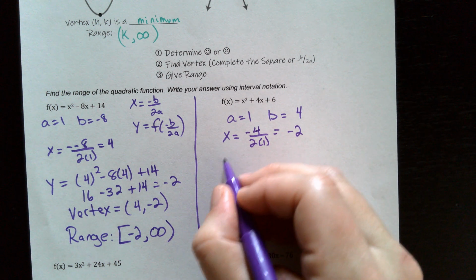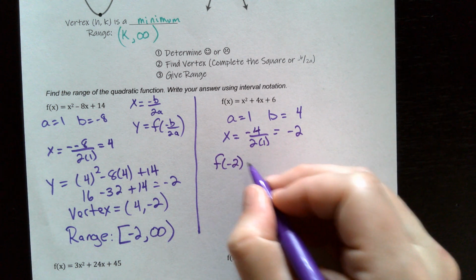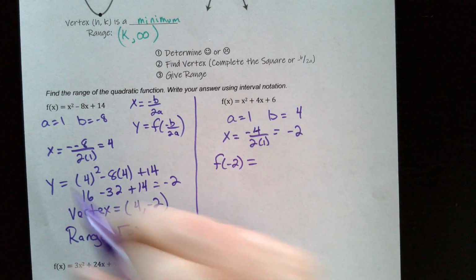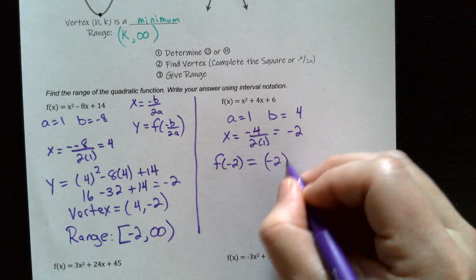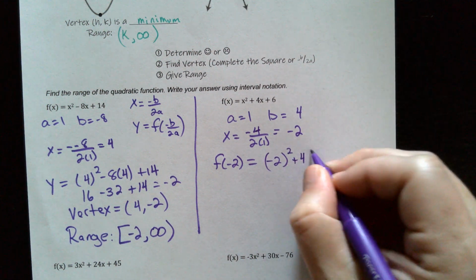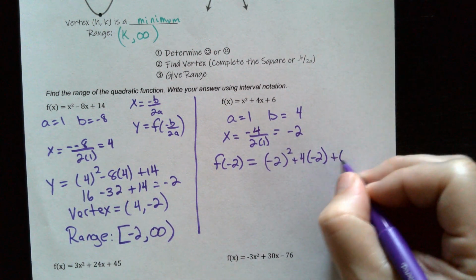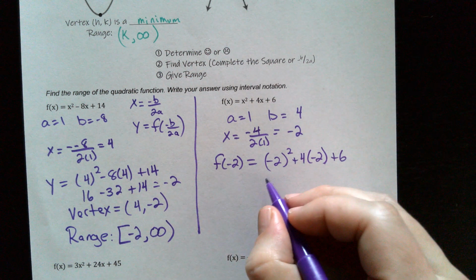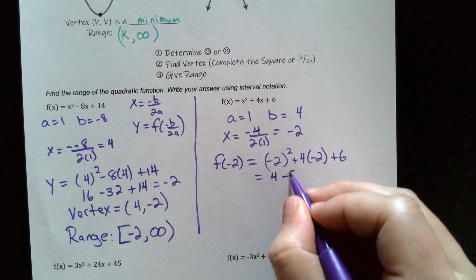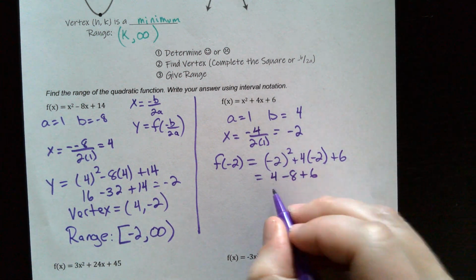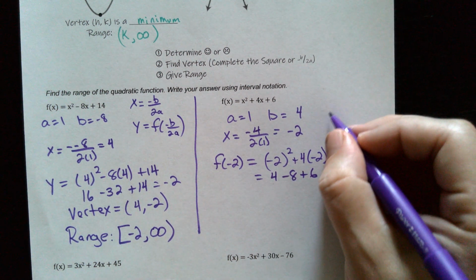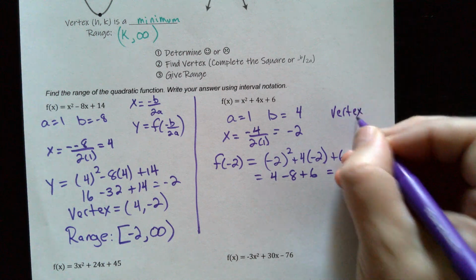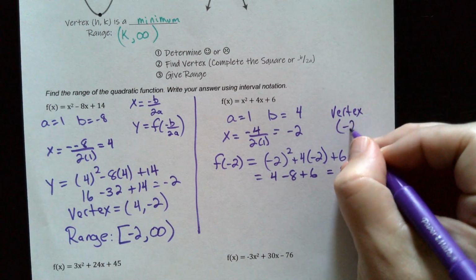And then f of negative 2, which is the same thing as y: negative 2 squared plus 4 times negative 2 plus 6. So that is 4 minus 8 plus 6, which is equal to 2. So our vertex is (negative 2, 2).